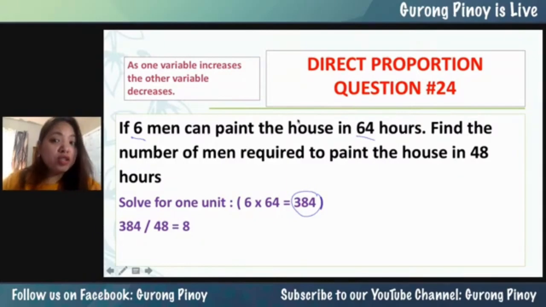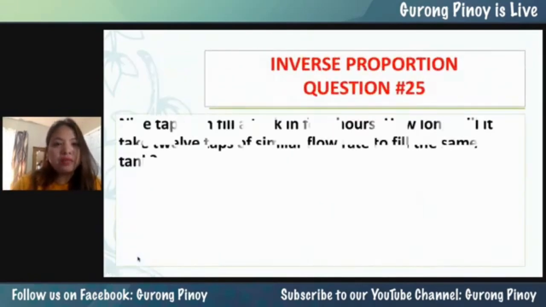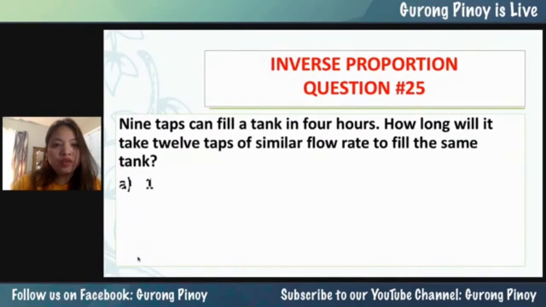Again, to boost our confidence that this is easy: multiply the first set of given to solve for 1 unit, and then divide it by the second given. You will get the other one. Okay, let me see. It should be easier now. I will check if we can solve this faster.